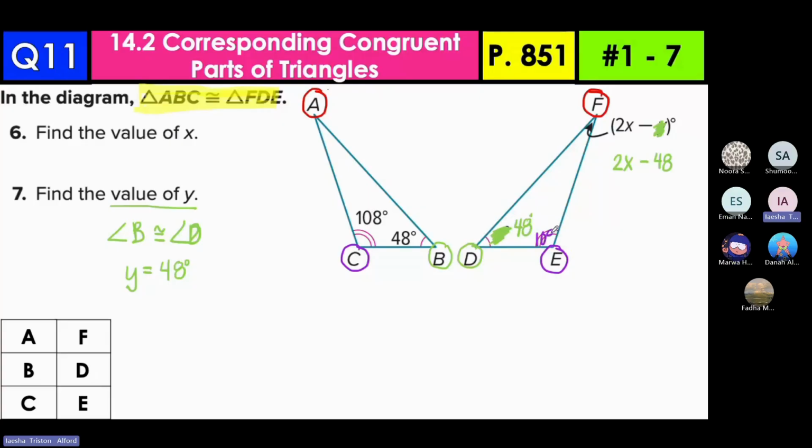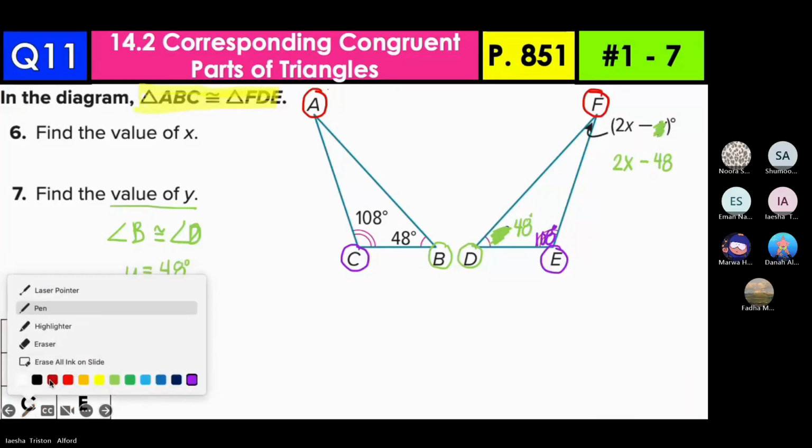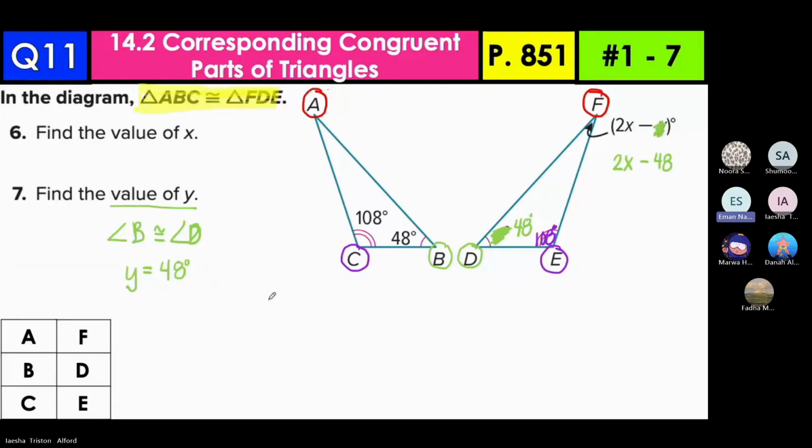So this one is 108. What equation should we write now? 2x minus 48 plus 48 plus 180 equals 180.